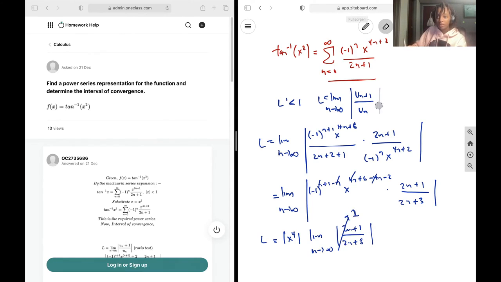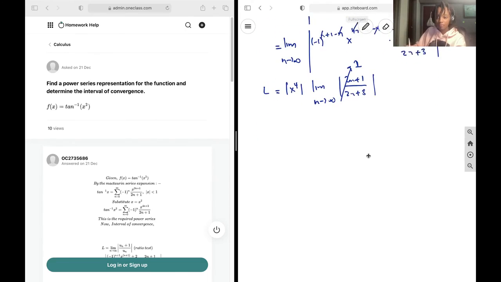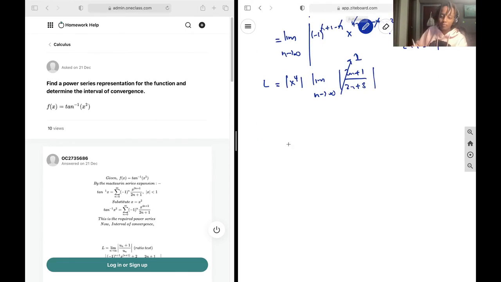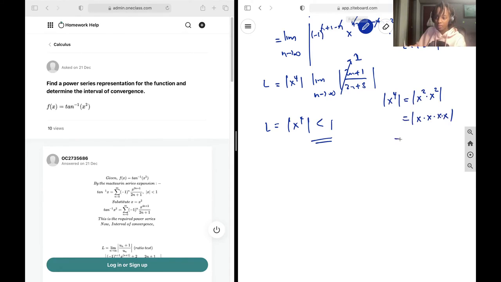So this finally means that L is equal to the magnitude of x to the power of 4, and we want this to remain less than 1. Remember that x to the power of 4 is equal to x squared by x squared, so it's the same exact thing as x to the power of 4.